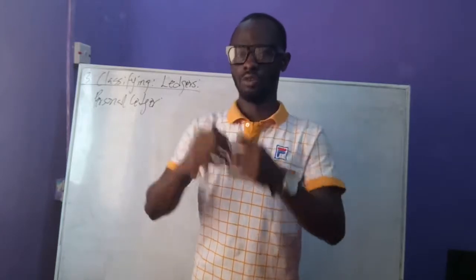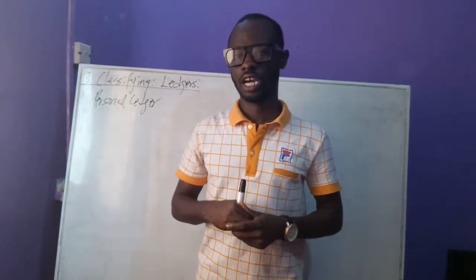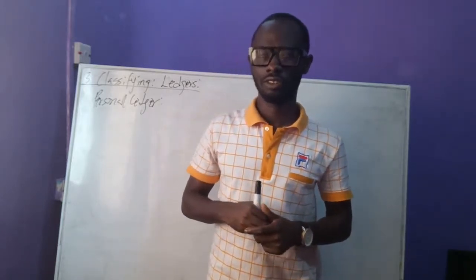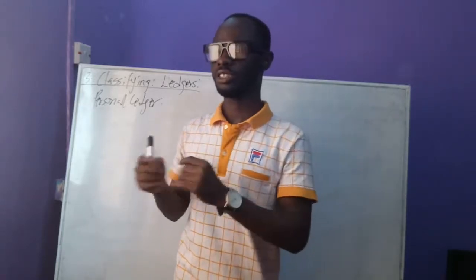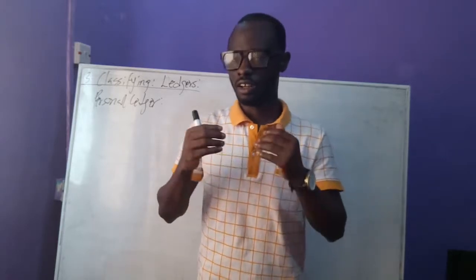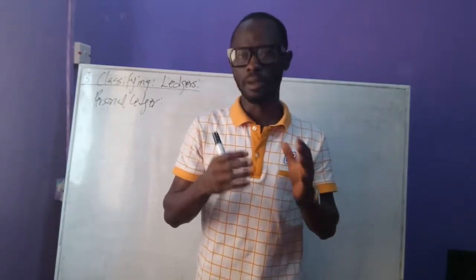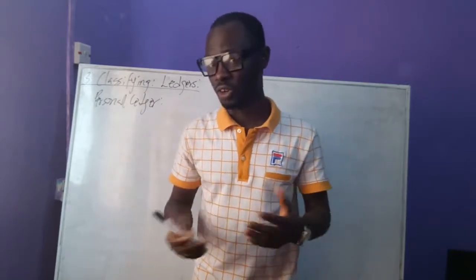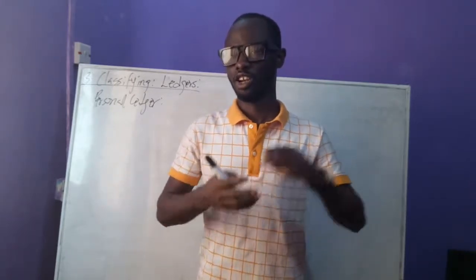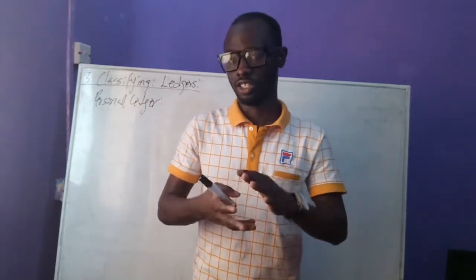As we'll be doing later on, there is an accounting concept referred to as the business entity concept. The business entity concept states that a business must be seen as a separate legal entity from its owners, that it can own assets in its own name, it can sue and be sued.